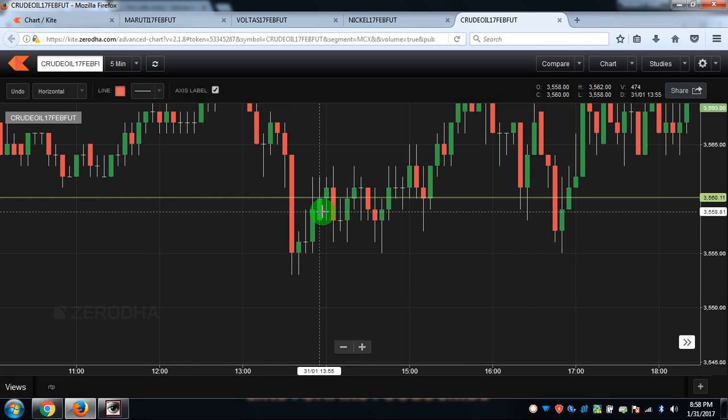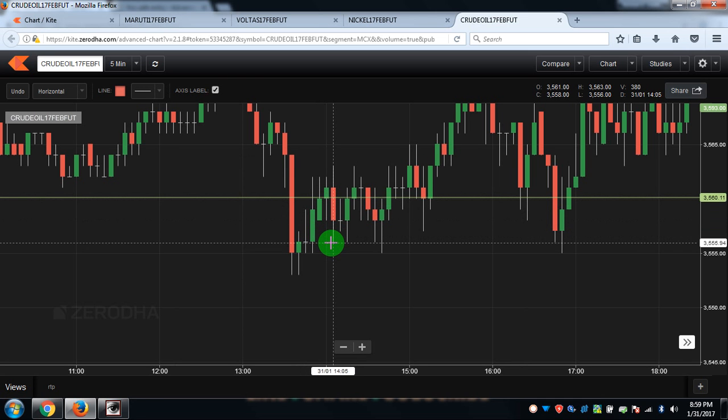Whenever the candle closes above our buy call, that call is considered an active call. So in this candle, the high is 62 and our closing is again 60, and our buy is also at 60 levels. So here our buy is not activated, and in this candle our closing was 61.